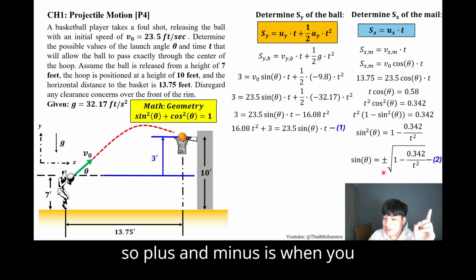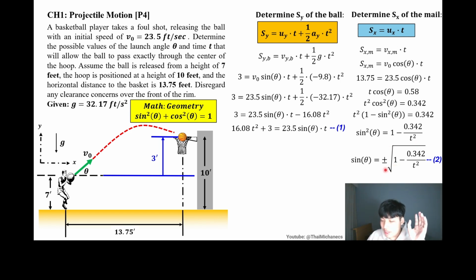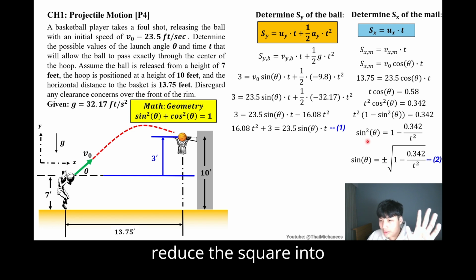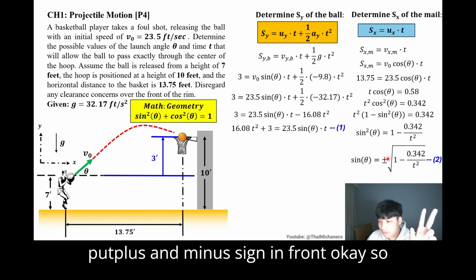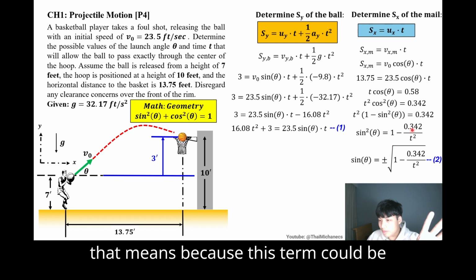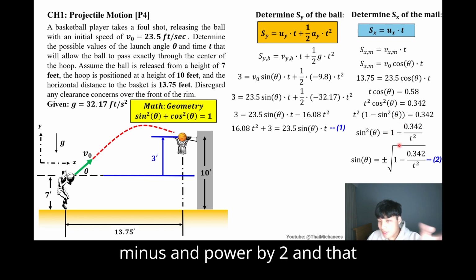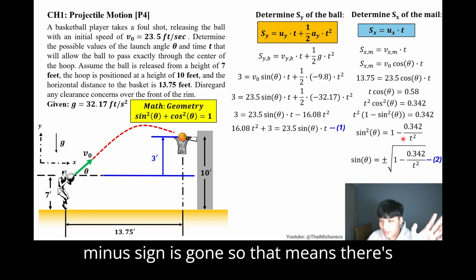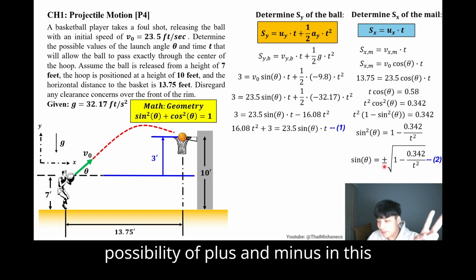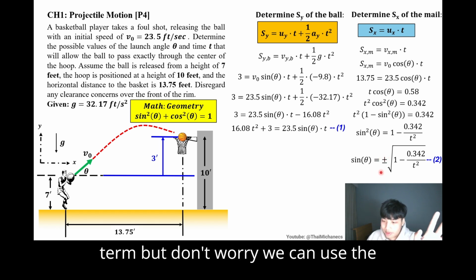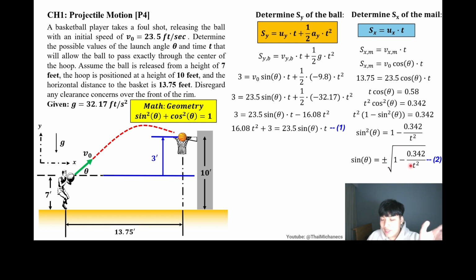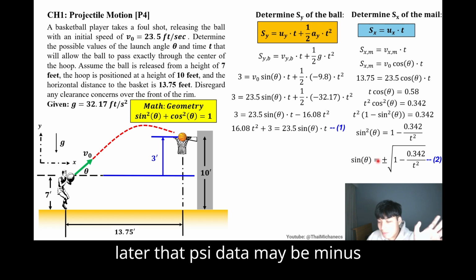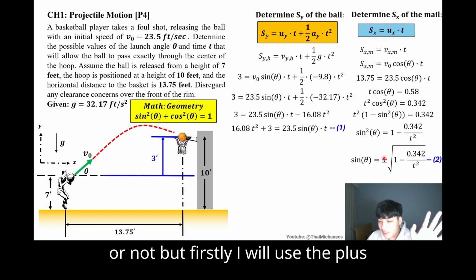Plus and minus appears when you reduce the square to degree 1; every time you should put plus and minus in front, because the term could be negative and when squared the minus sign is gone. So there is a possibility of plus and minus in this term, but don't worry, we can use the plus sign first, and then we will solve later whether sine theta may be minus or not. But firstly, I will use the plus sign.